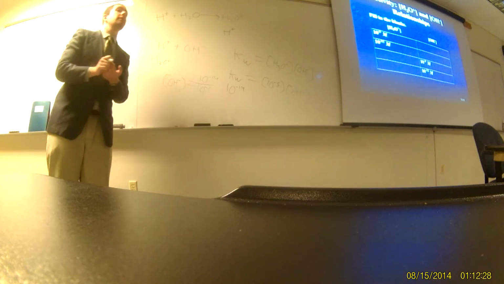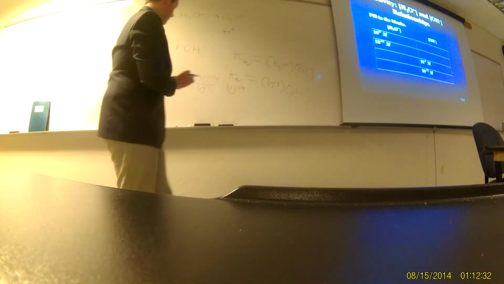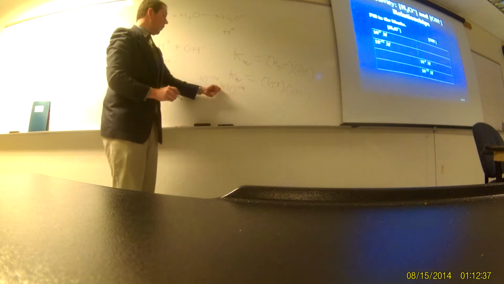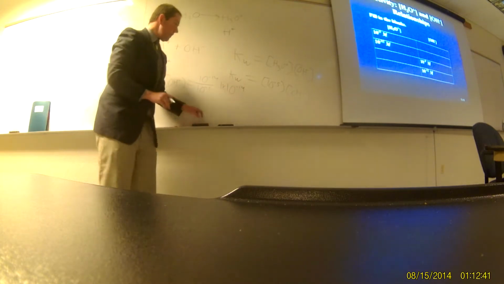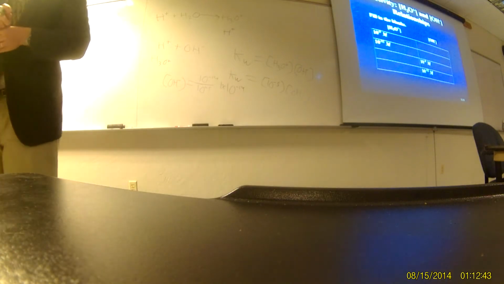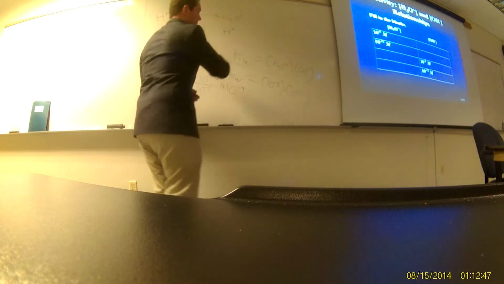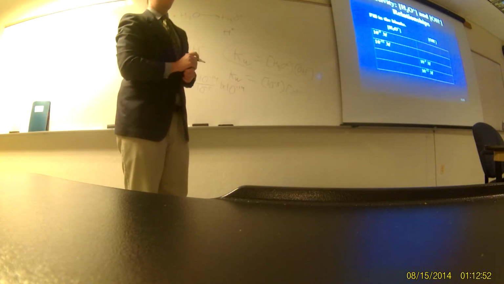Where did you get negative 10 to the negative 14? That's Kw, so it's 1 times 10 to the negative 14, but that 1 doesn't mean anything. Wait, so what's the equation actually? The equation was this. I had it as Kw is 1.0 times 10 to the negative 14.